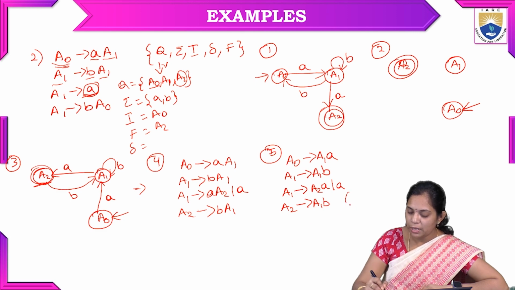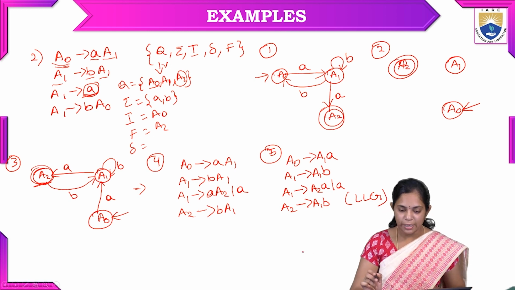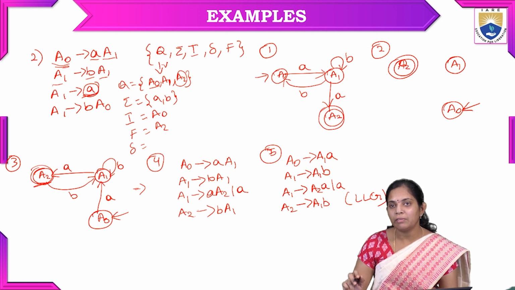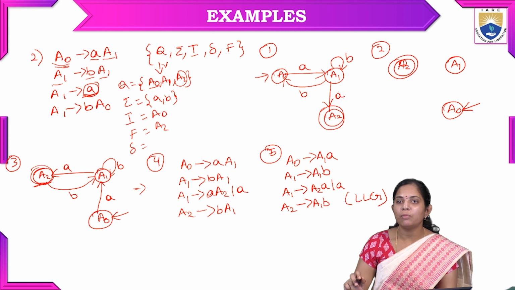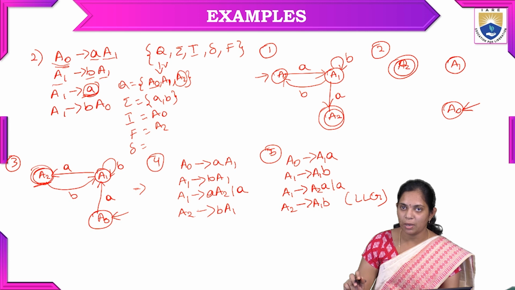So this is the left linear grammar which we have converted from the given regular grammar. Next, we have discussed the conversion of any regular grammar to a left linear grammar, and how to convert that left linear grammar to a right linear grammar.